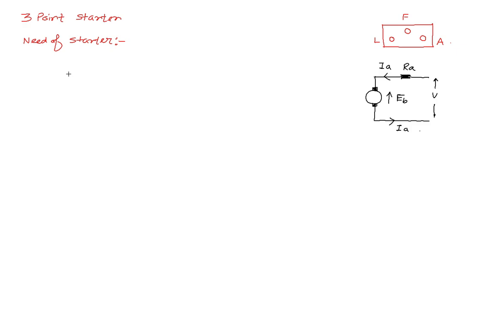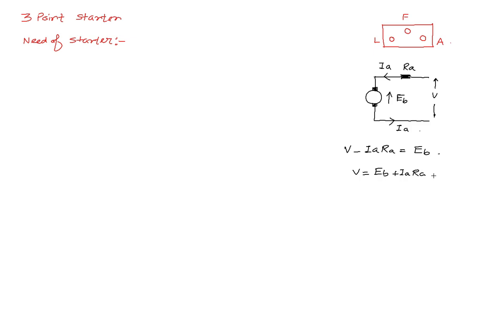If we write down the EMF equation, we can write V minus IA RA is equal to EB, back EMF. Now V is equal to EB plus IA RA. Now what is the problem?